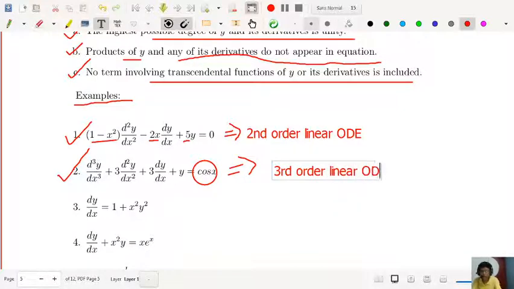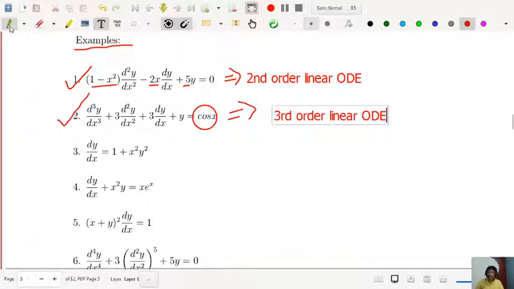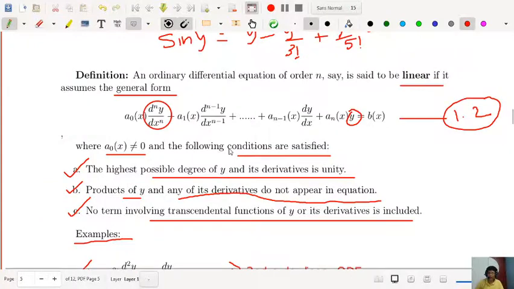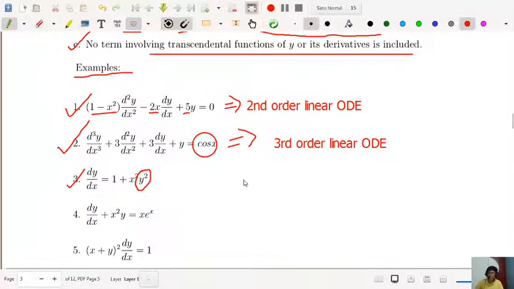Right? And let's come to number 3. What about number 3? Yeah, this is not linear. Why? Because you have a y square. It doesn't satisfy the conditions of a linear, because the power of y is not unity, its power is 2. It's a non-linear term.